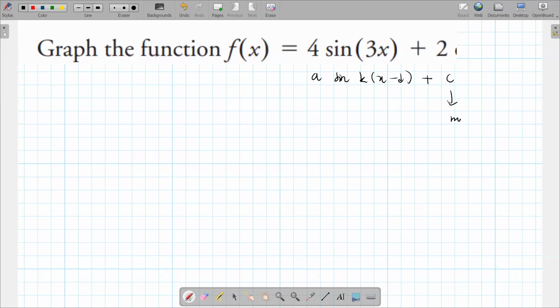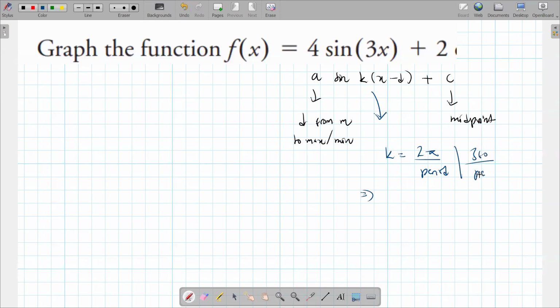C is the midpoint. A is the distance from the midpoint to the maximum and the minimum. K comes from the period. K is 2 pi divided by period, or 360 divided by period.